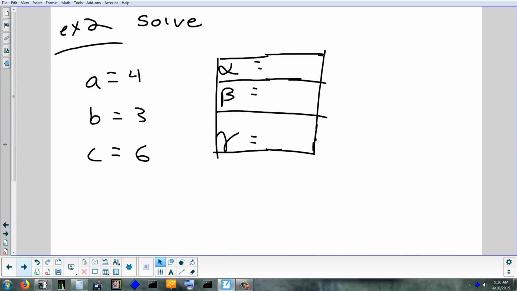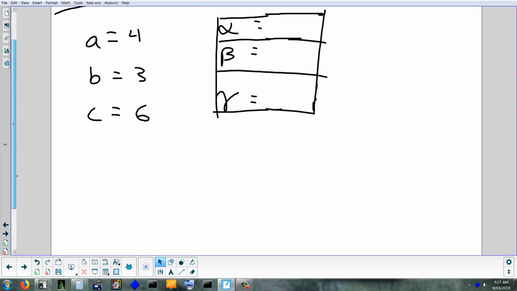You don't use it ever again. To find beta, you use A, B, and C. To find gamma, you use A, B, and C. You never have to use anything you find to find something else. So that's always good. Okay, so let's pick, Ben, which angle do you want to find first? Alpha. All right, so we're going to find alpha.